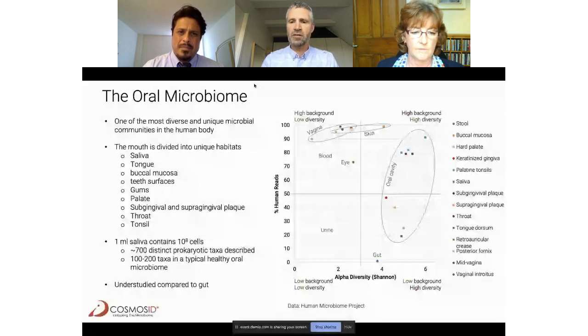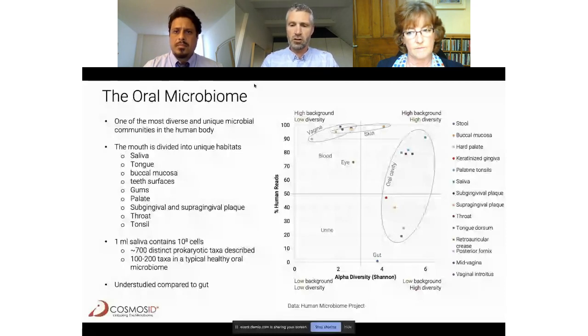And it becomes apparent that the oral cavity is divided into a range of unique habitats, such as saliva, the tongue, the buccal mucosa, teeth surfaces, gums, the palate, and so on, all of which can be sampled individually or jointly using, for instance, oral rinse techniques.